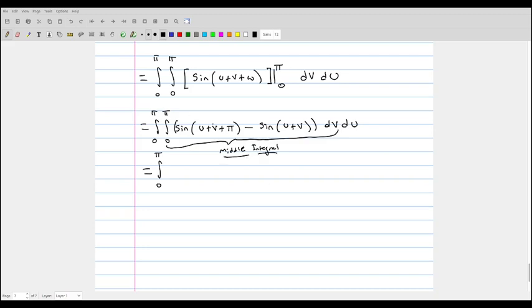Which is going to be the antiderivative of this function. The antiderivative of sine is going to be negative cosine. So it'll be negative cosine of u plus v plus pi, and that'll be minus negative sine of u plus v. This has to be evaluated for v from pi to 0.